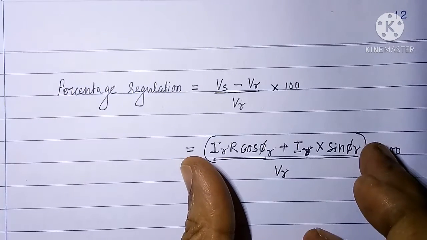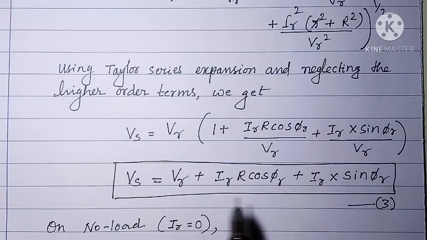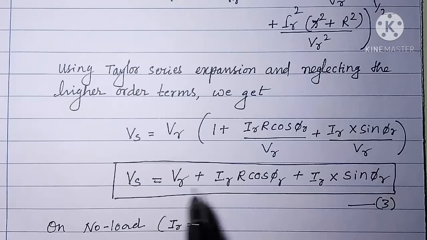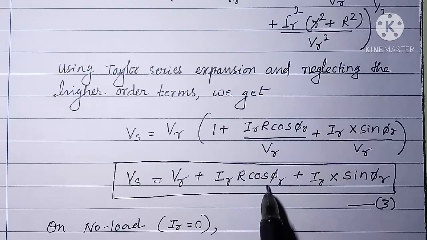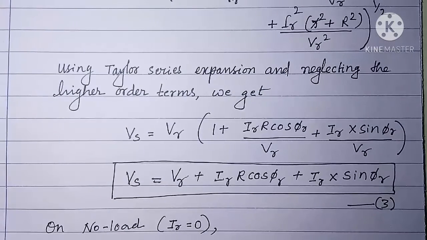And this expression you get from equation 3 here. If you take Vr on LHS, you will get Vs minus Vr, that is equal to IR into R cos phi r plus IR into X sin phi r. That is what we have written in the bracket.